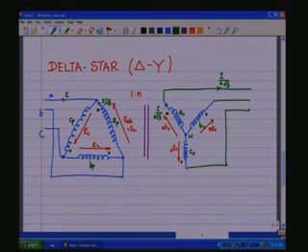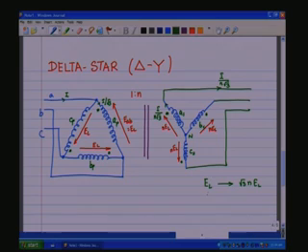In the case of star delta, on the primary side, if you are applying a voltage of EL, then on the secondary side what do you get? EL becomes N EL phase voltage into root 3. So, root 3 N EL on the secondary side.